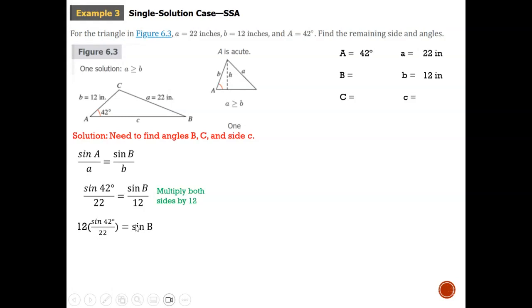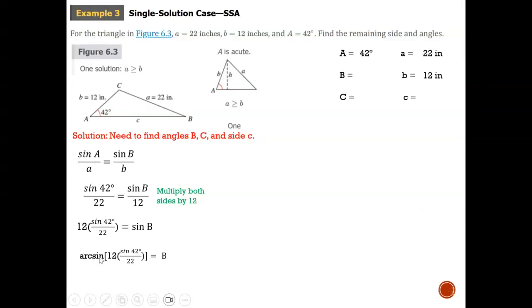Here, guys, we're going to take the arc sine because we want to solve for B. To cancel the sine on the right side, we take the arc sine, or the inverse, on both sides. So arc sine of 12 times sine of 42 degrees over 22 is equal to B.